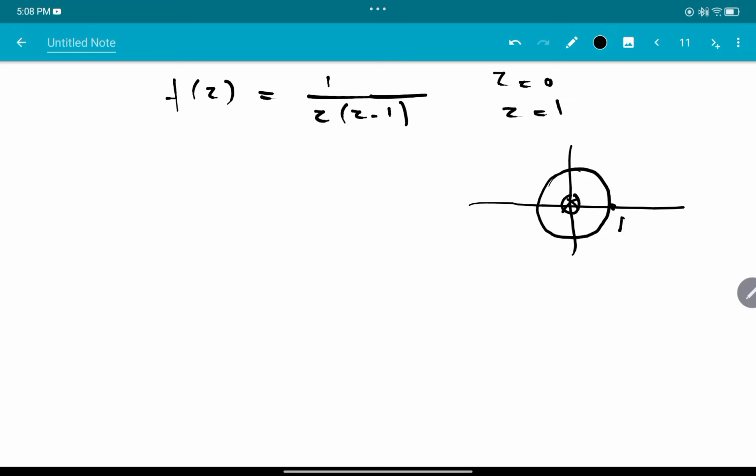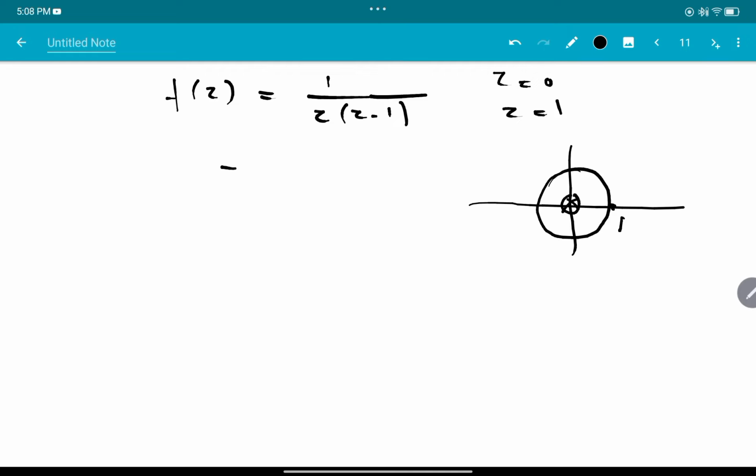If we go for this region 0 to 1, we will avoid this singularity. We have to expand it about z equal to 0.